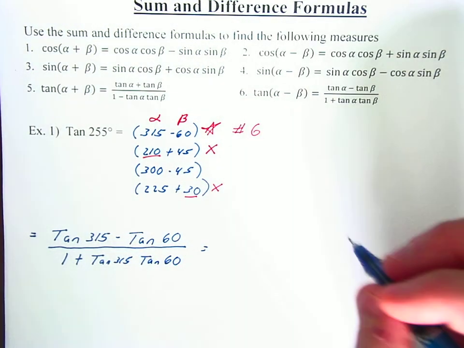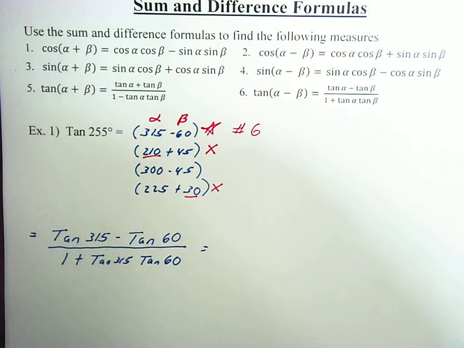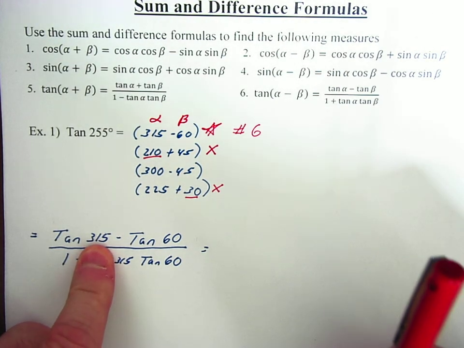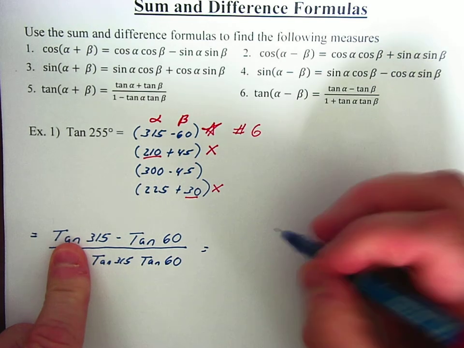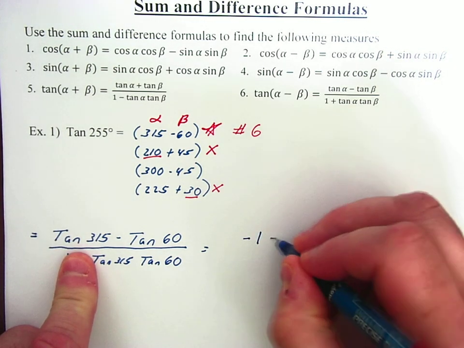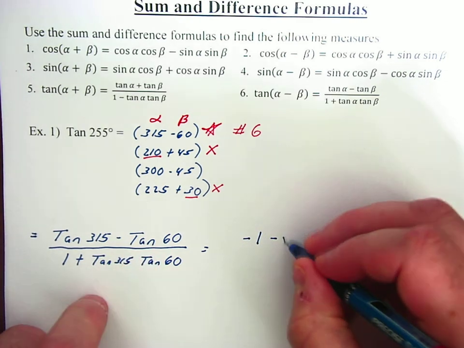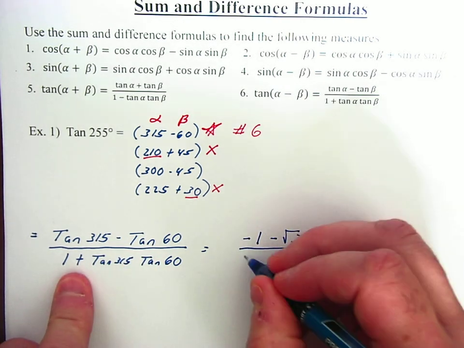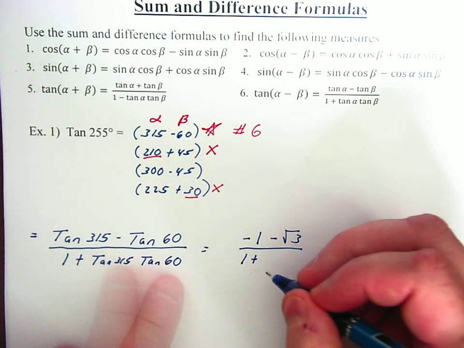Okay, here's what we got. Tangent of 315. That's a 45-degree reference angle. Tangent of all the 45s is 1, and that's in quadrant 4. Tangent's negative, that's going to be negative 1. Minus the tangent of 60, square root of 3. Good? Over here, it's going to be 1 plus that product.